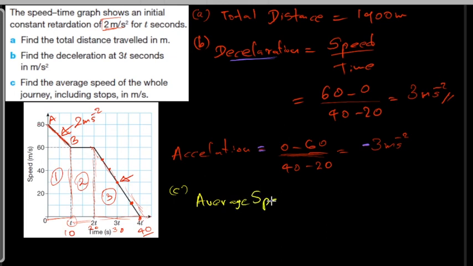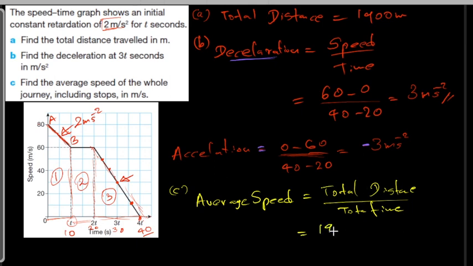Average speed is equal to total distance divided by total time. So what is the total distance here? The total distance traveled we found in part A, it's going to be 1900 meters divided by how much?